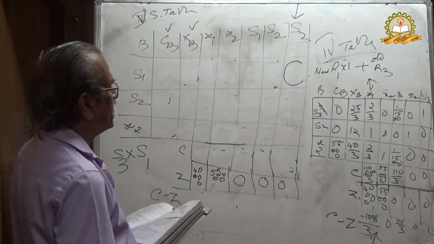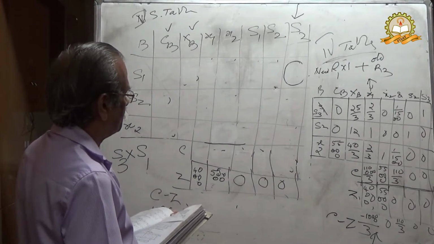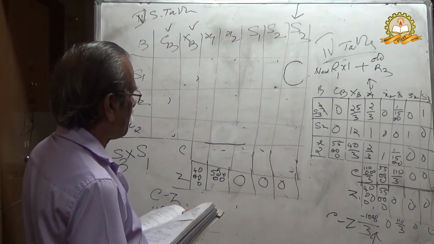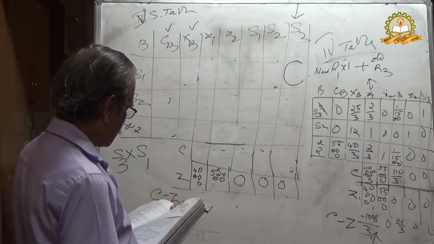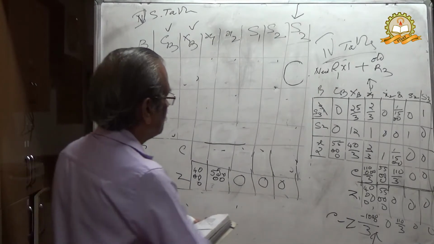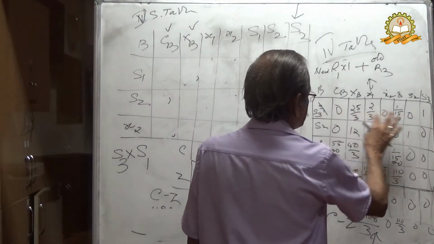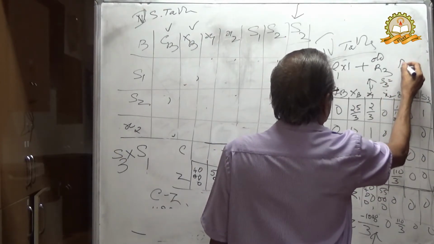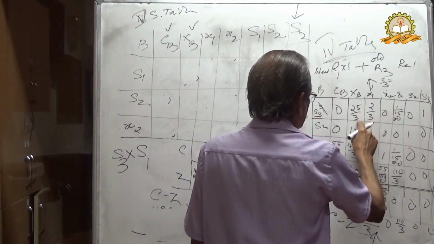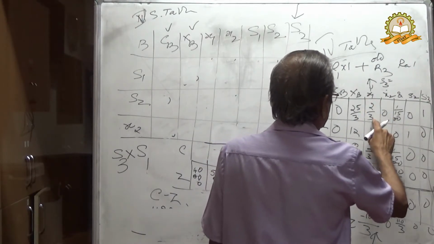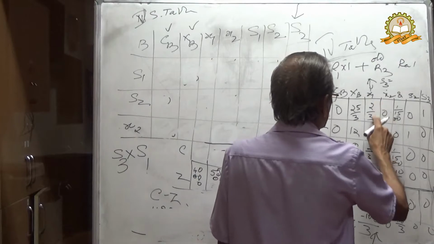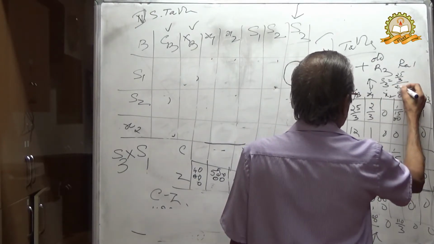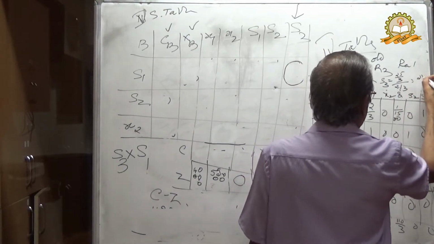And consider the ratio. On the right side, for S3, the ratio will be 25 by 3 divided by 2 by 3 equal to 25 by 2.